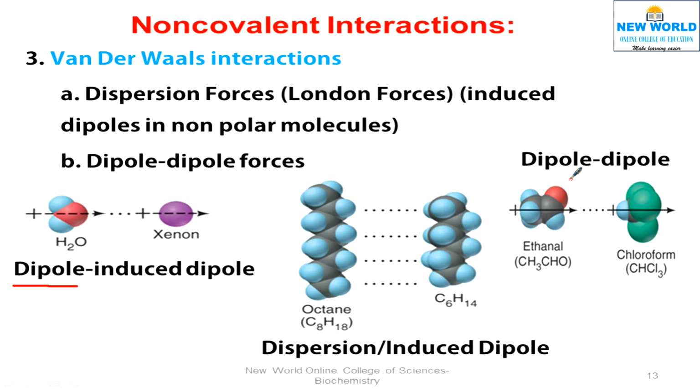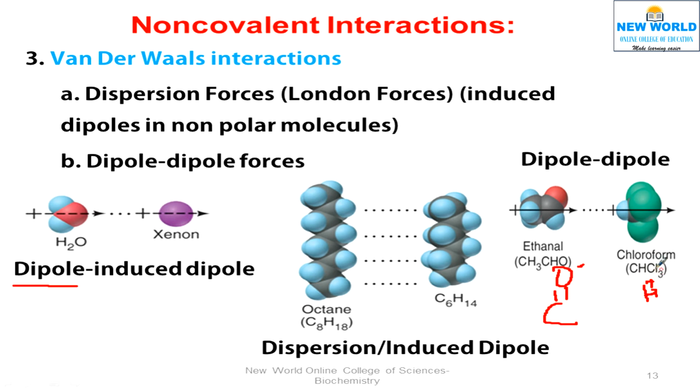Okay, van der Waals forces can also be dipole-dipole. For example, here the oxygen in this carbonyl group is carrying a slight negative charge, because carbon has less electronegative power than oxygen, so oxygen is carrying a slightly negative charge here, and the hydrogen here is slightly positive, and this is because of the chlorine.